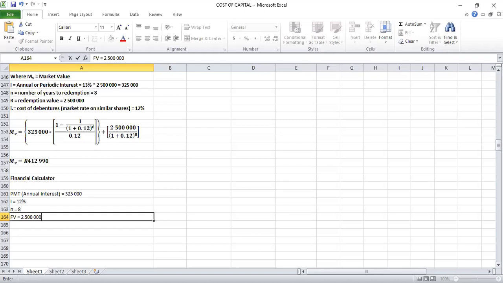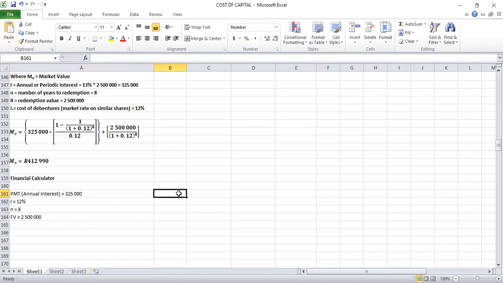Then you go and punch these things on your financial calculator. If you've got any challenges, please feel free to contact me. I can help you know how to use your calculator. Then you look for the PV.